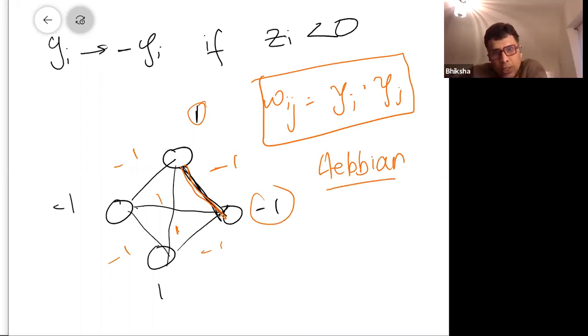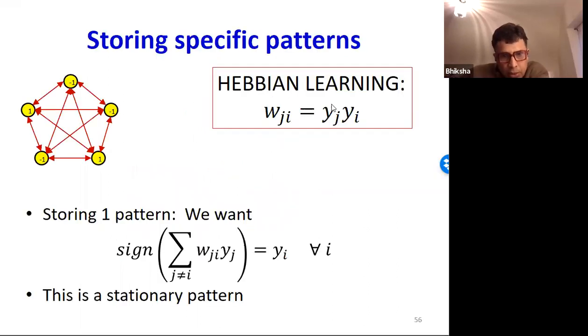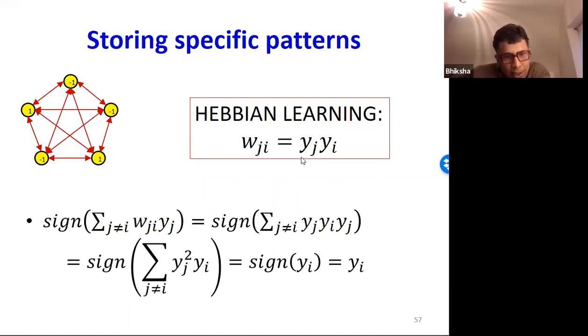And we saw that when you use Hebbian learning to learn the weights, the first thing you find is that it is stable, it's stationary, because if I just look at the sign of the affine function at every node, it's going to be sign of summation over j not equal to i of Wji Yj. I'm ignoring the bias term here.